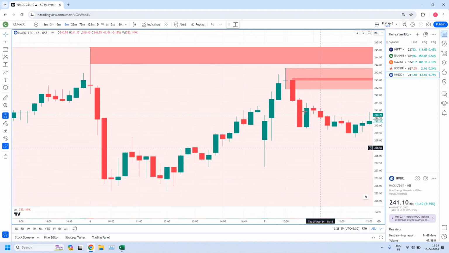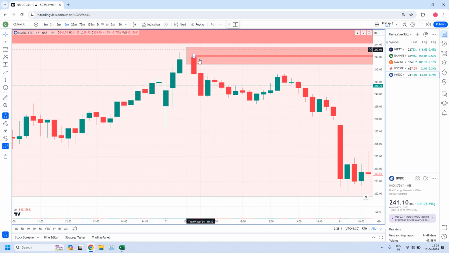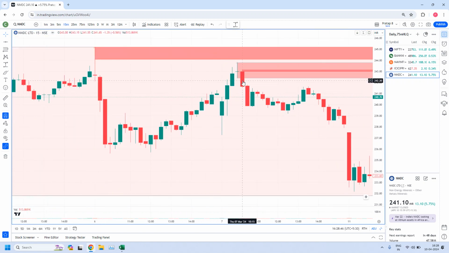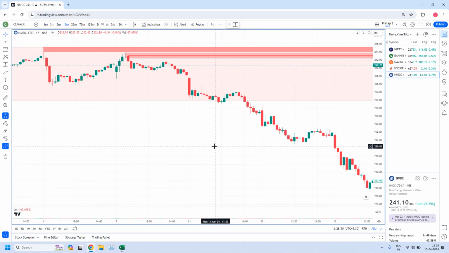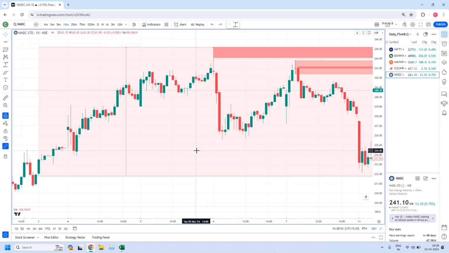So this is the most recent 75 minutes fine-tuned zone. 15 minutes fine-tuned zone inside 75 minutes time frame. Something we deleted, the wrong thing.